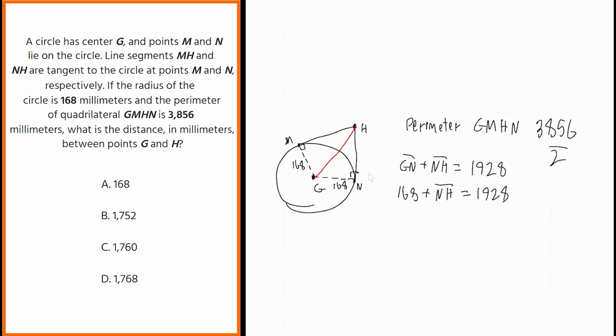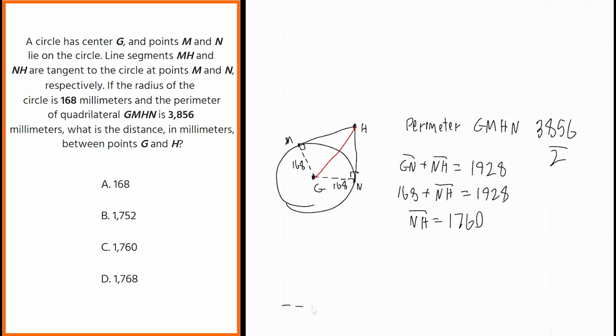Quick note, we could have done the exact same thing for this other triangle and find the value of this MH line segment. They're identical. I'm just going to go ahead and do this one. But now if we subtract this 168 from both sides, we'll see that NH equals 1,760.